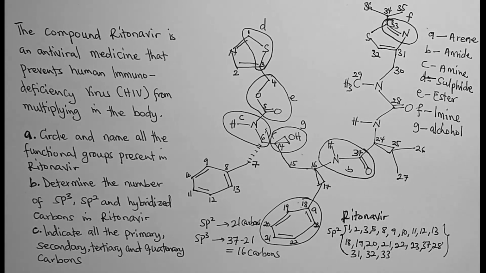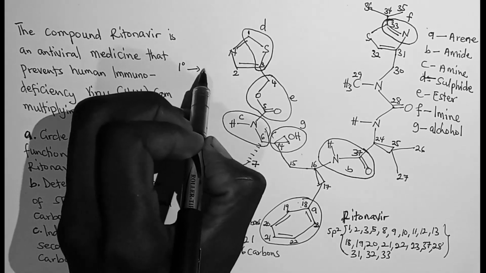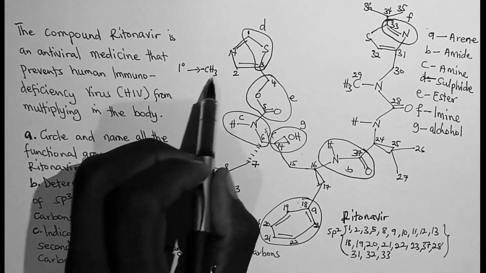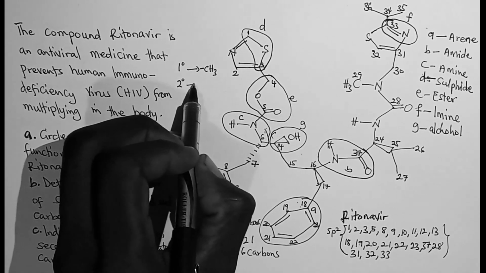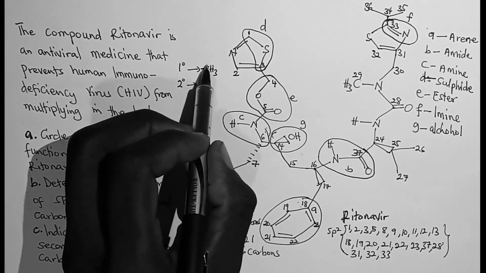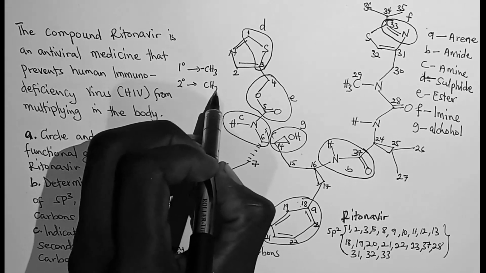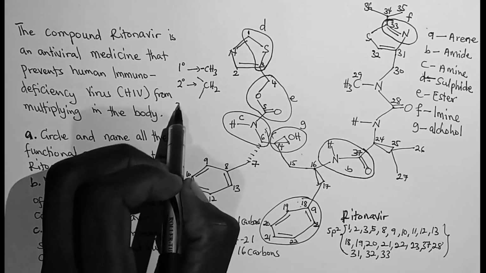The last part of the question says we should indicate the primary, secondary, tertiary, and quaternary carbons. So a primary carbon is a carbon that is in the form of CH3. If you see a carbon like this, it is a primary carbon. And then a secondary carbon is a carbon which has two of its hydrogens substituted, so it's normally CH2 with the others substituted.